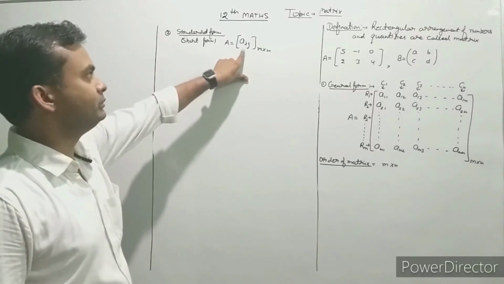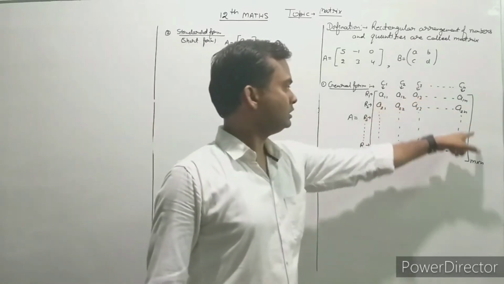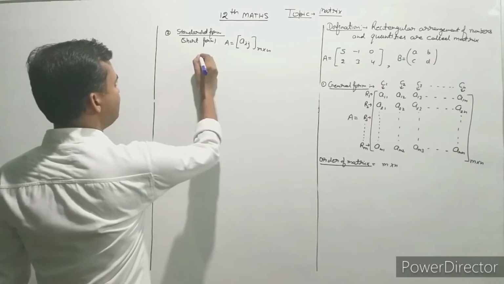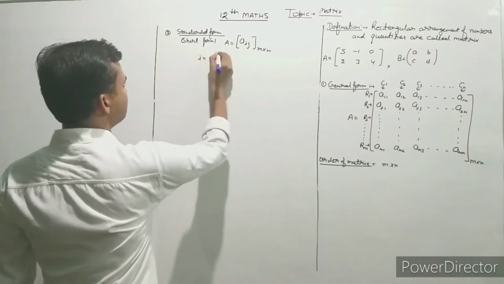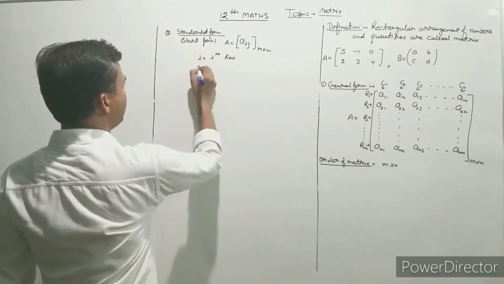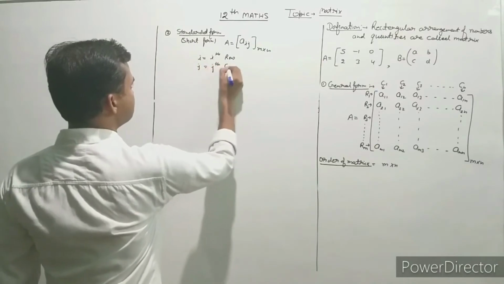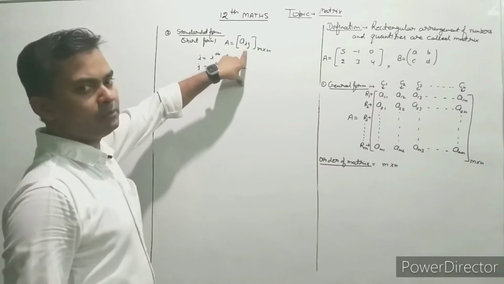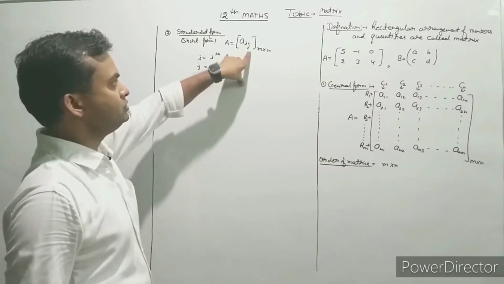It is not a single element. It represents all the elements of the matrix. Here i means ith row and j means jth column. It means Aij is the element of the ith row and jth column.